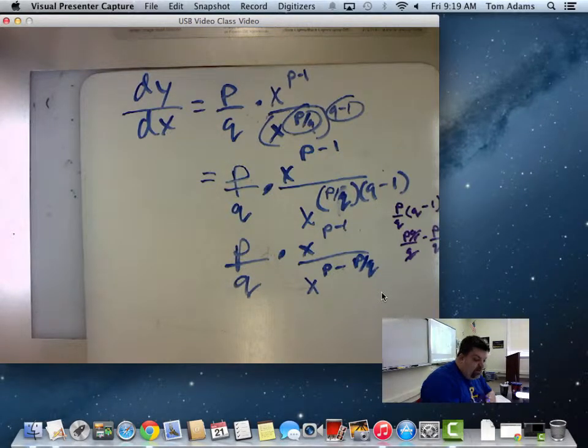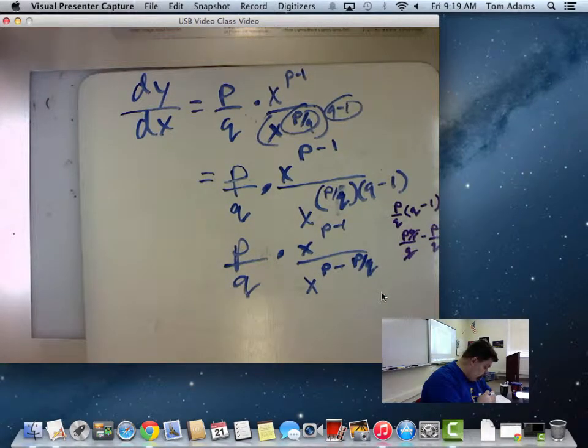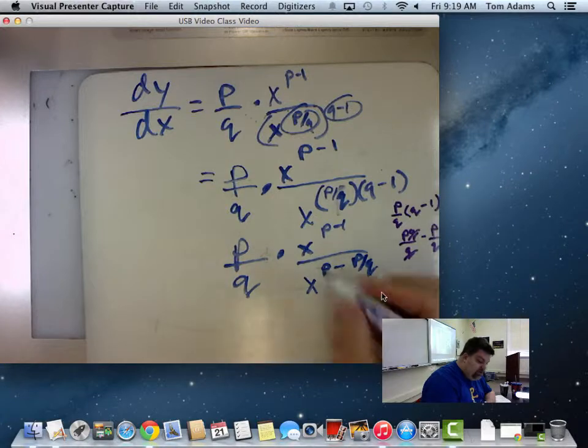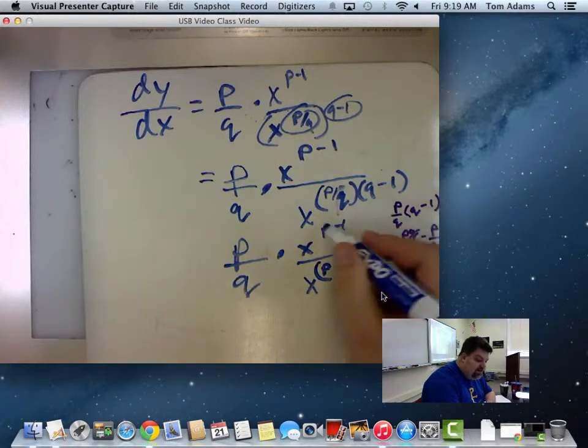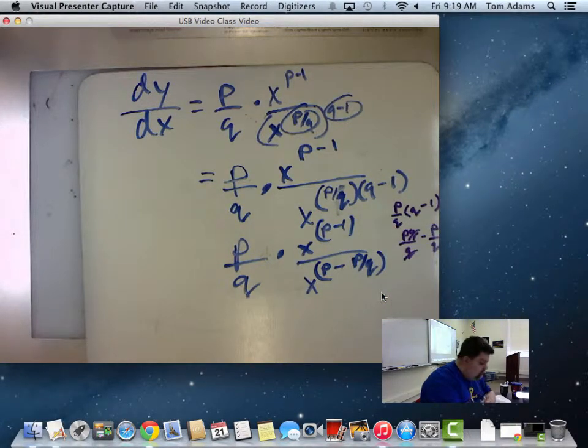But now what can I do? If I want to move this up to the top, how do I move this up to the top? I subtract this from the top. Do you remember that? If I have x to the m and x to the n, isn't that the same as x to the m minus n? Oh, yeah.